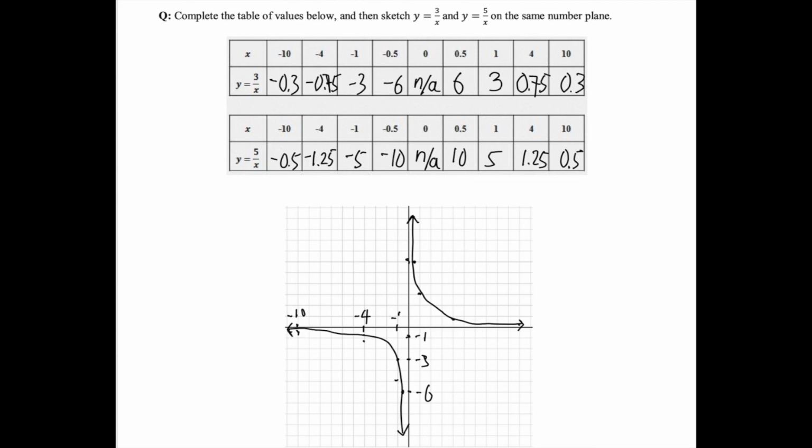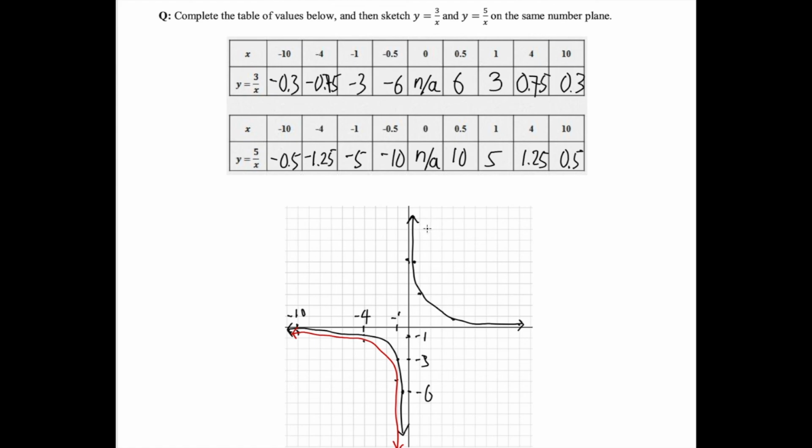So I'm going to use a different color to make it more clear. And then for this part, it's going to look exactly the same, okay?